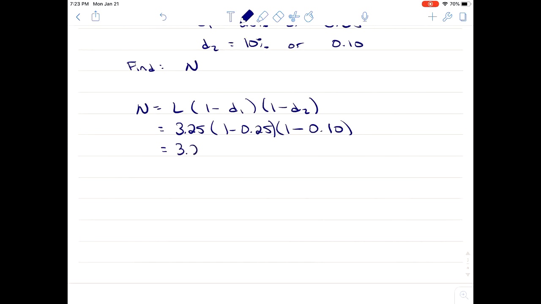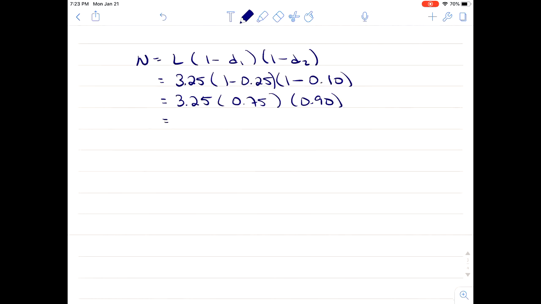So this becomes 3.25 times 0.75 times 0.90. Because we're multiplying all the way across, we can just do it in one go.